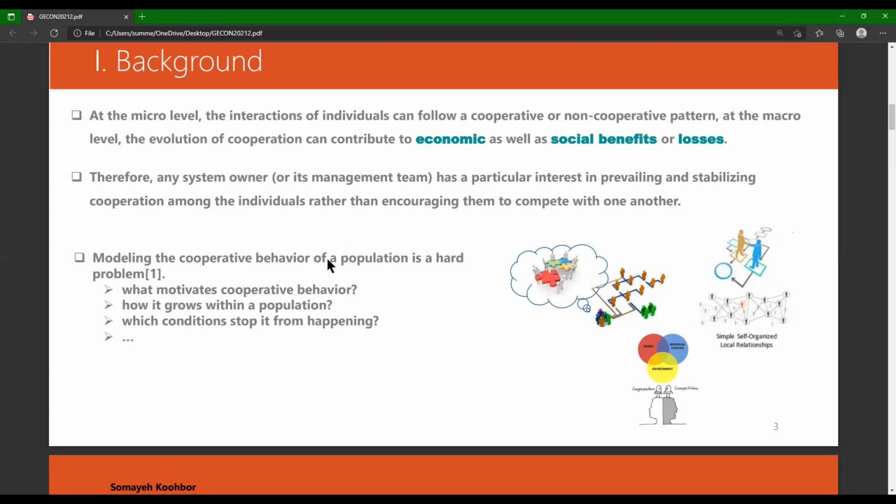But the problem here is that, in general, modeling the cooperative behavior of a population is a hard problem. The reason is that identifying the motivation which fosters this behavior is difficult. It is very difficult to observe how this cooperation will propagate through the population and what conditions may stop this process from happening.